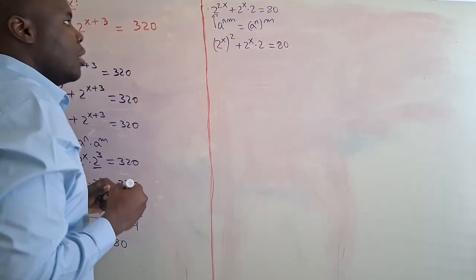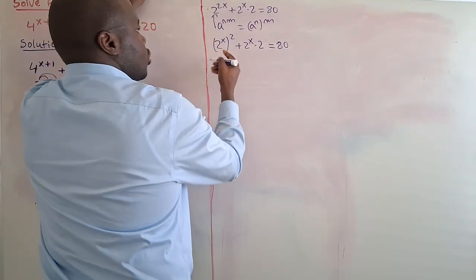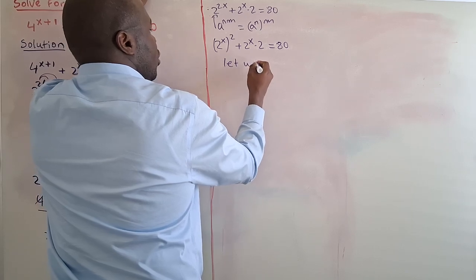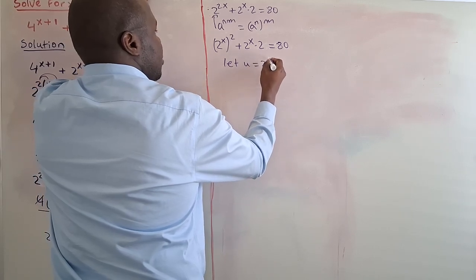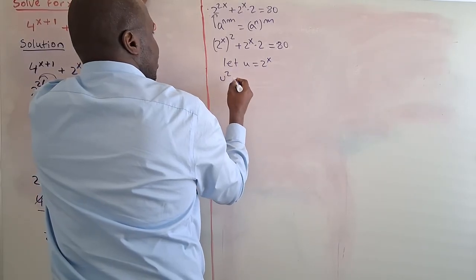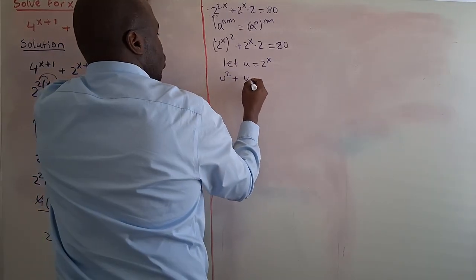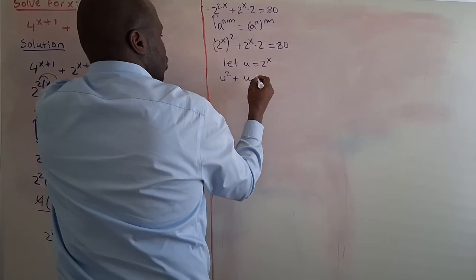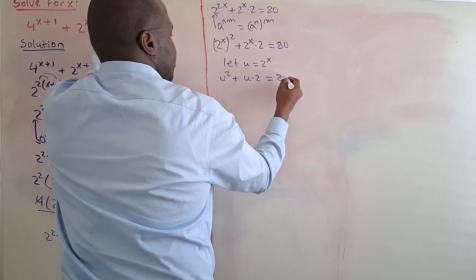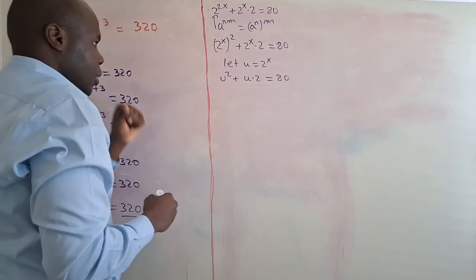Now, we're going to let u equal 2 to the x power. Let u equal 2 to the x power. So we're going to have u squared plus u times 2 equals 80.